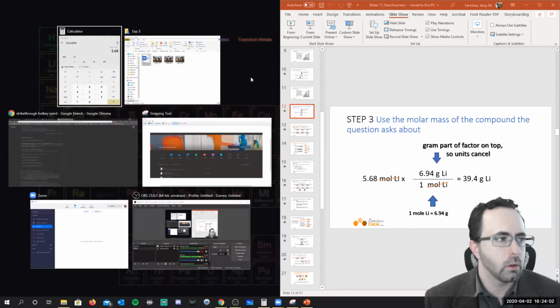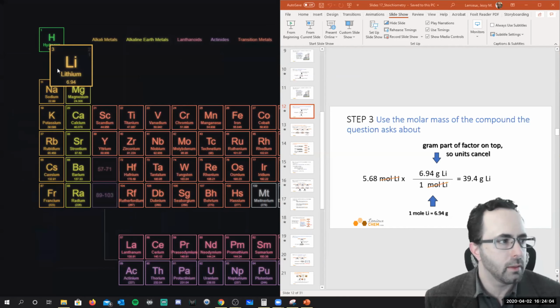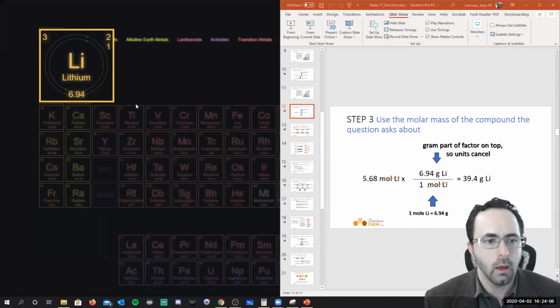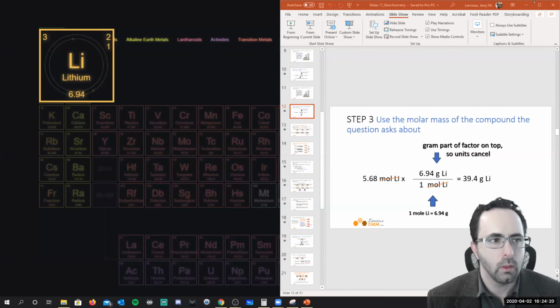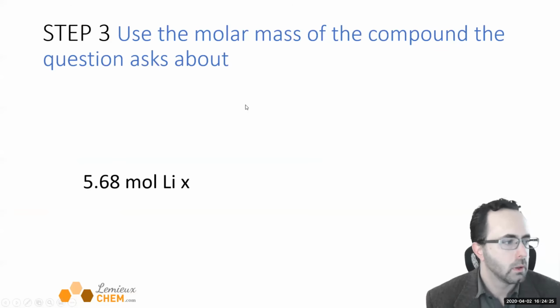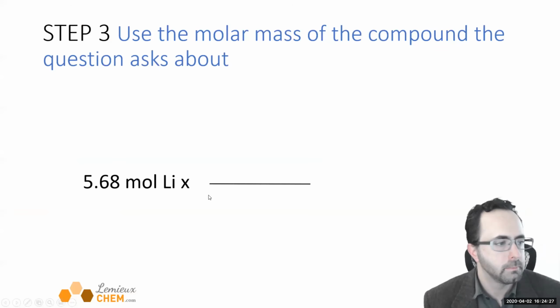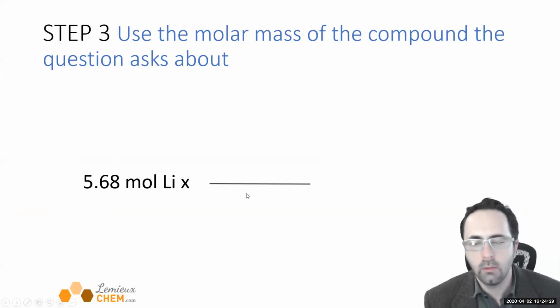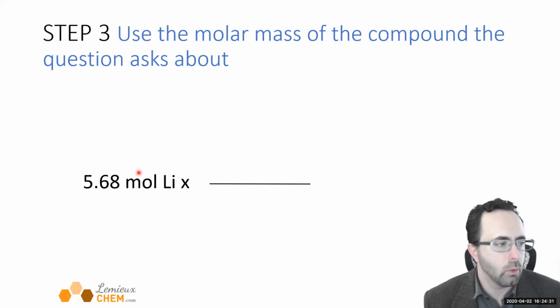So we'll look for lithium here, and there it is, lithium. And the mass is 6.94. Okay, 6.94 there. And so that's what we're going to use. We're going to apply a conversion factor even before we deal with the 6.94.